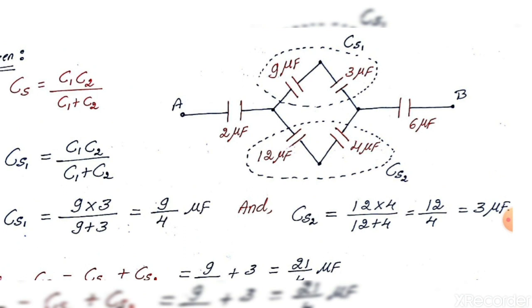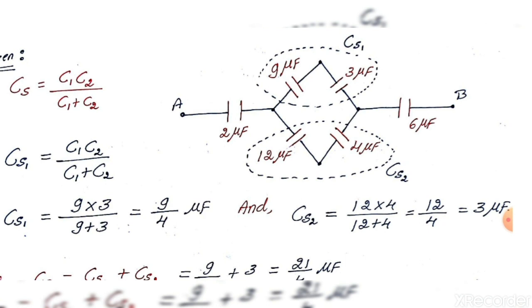I marked here some dotted lines for the 9 microfarad and 3 microfarad. Those two are the capacitors on the upper part of the quadrilateral. That is the first series combination, CS1 it is written. Those two are in series. First use the series formula and solve it.